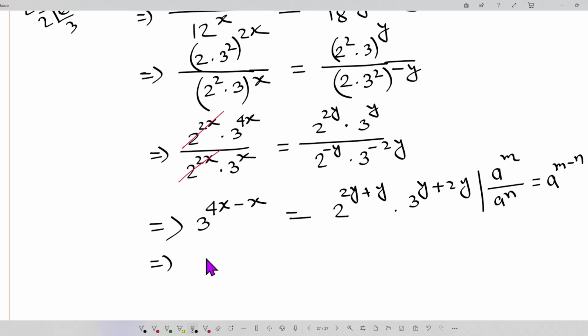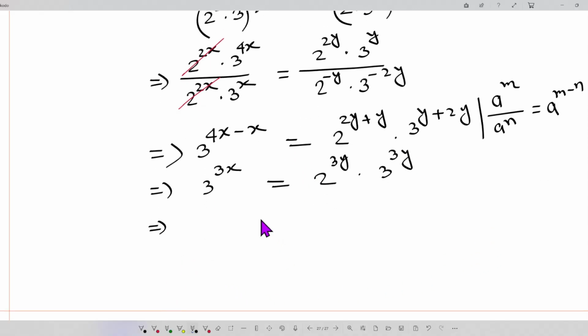Now here is 3 to the power 4x minus x, it will be 3x equals, here is 2 to the power 2y plus y, it means 3y, times 3 to the power y plus 2y, it means 3y equals. Now look, here is 3 to the power x to the power 3, right?